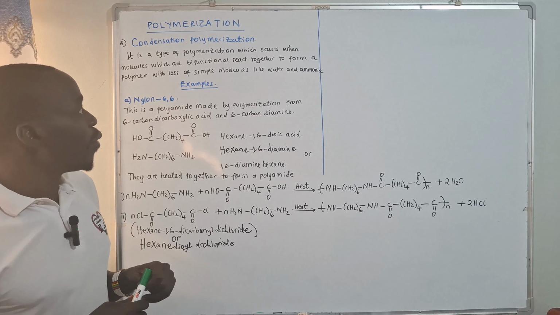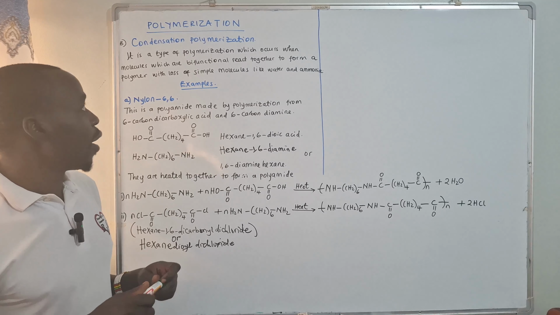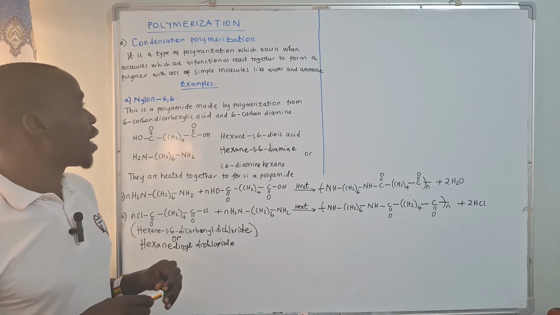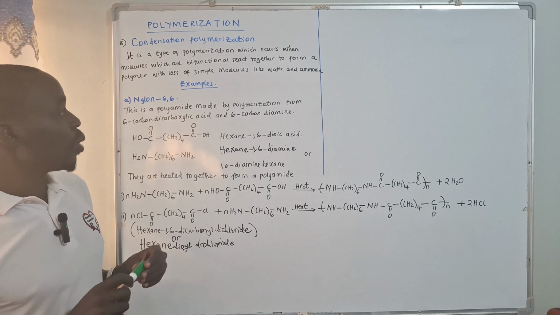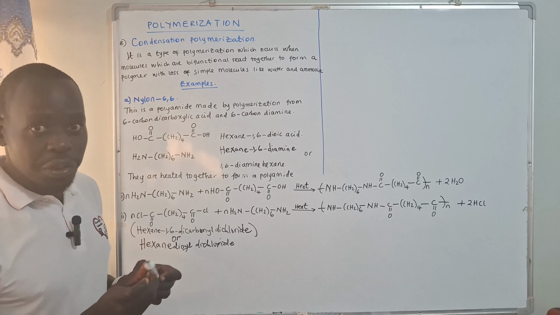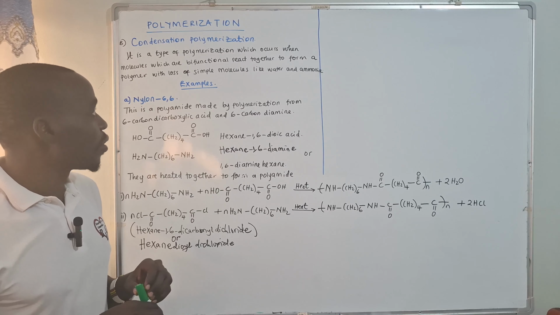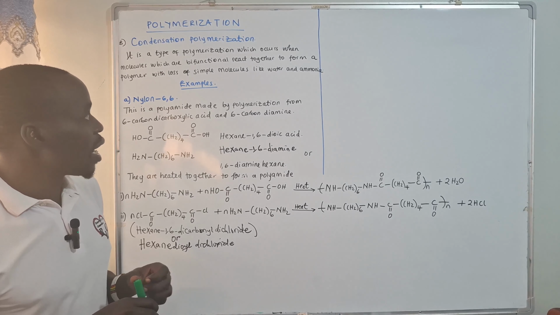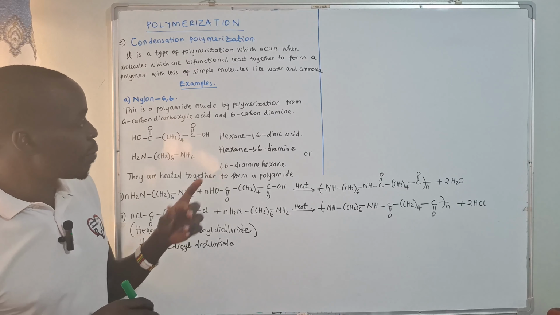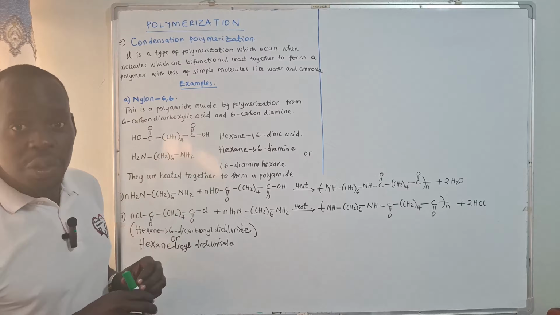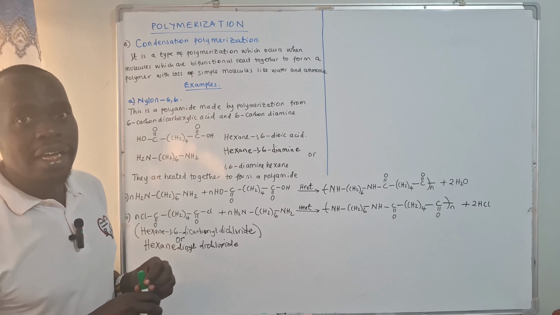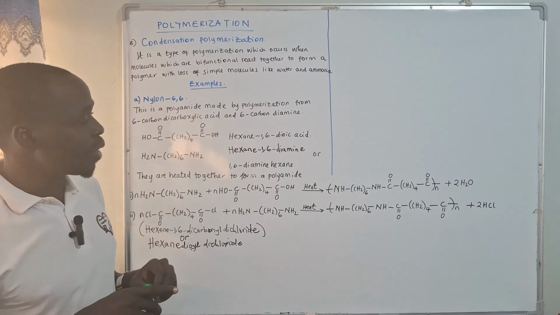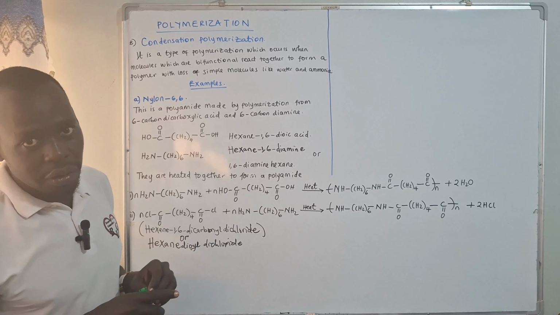Because of that, these monomers are of different types, so we came up with addition polymerization and condensation polymerization. We said addition polymerization is a type of polymerization whereby the unsaturated monomers combine to form a single product, and that single product is the polymer itself.